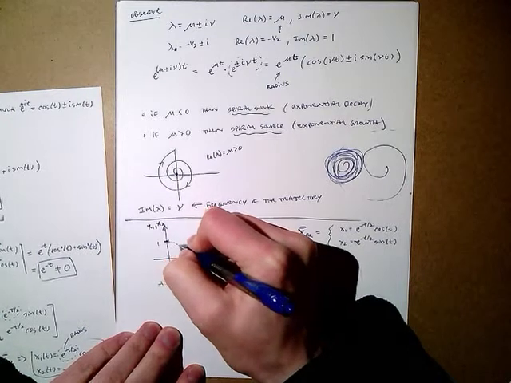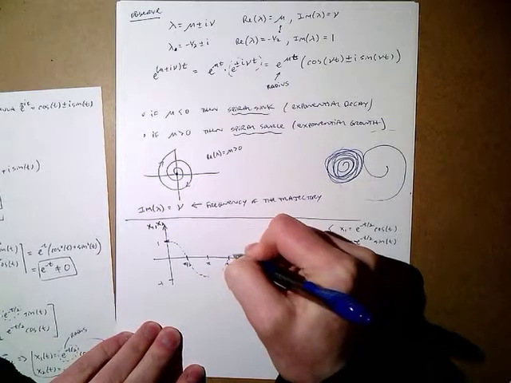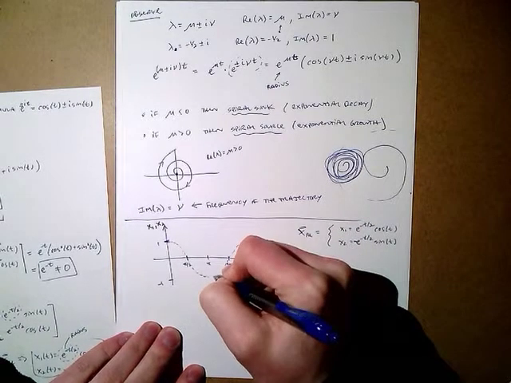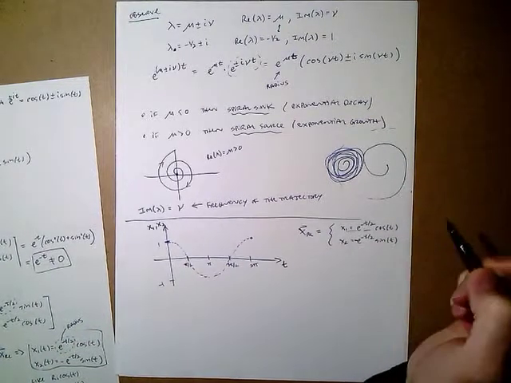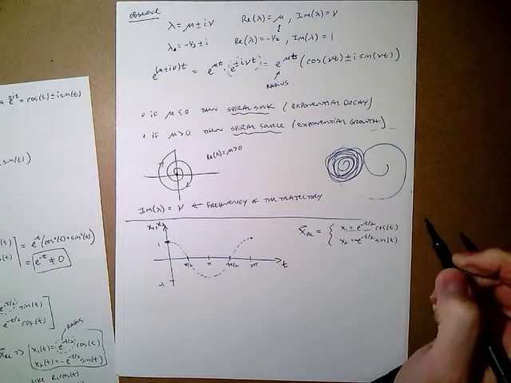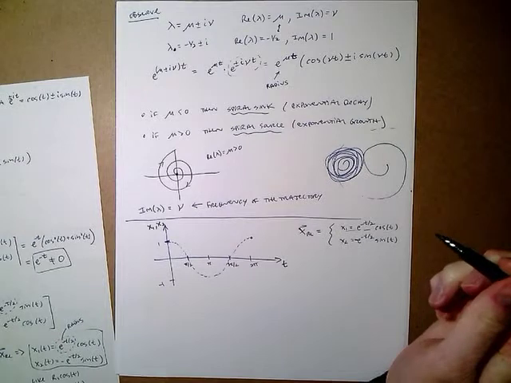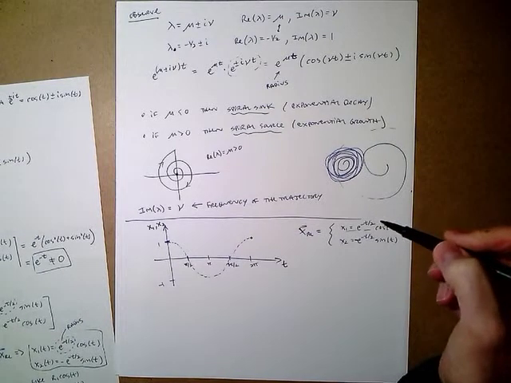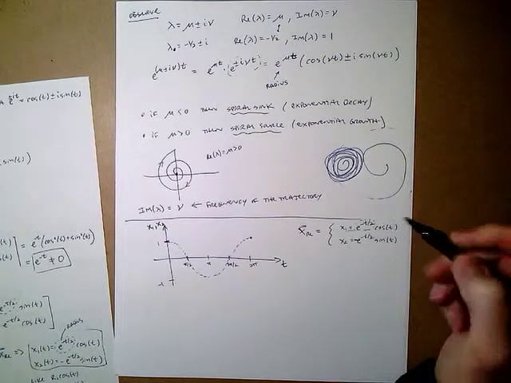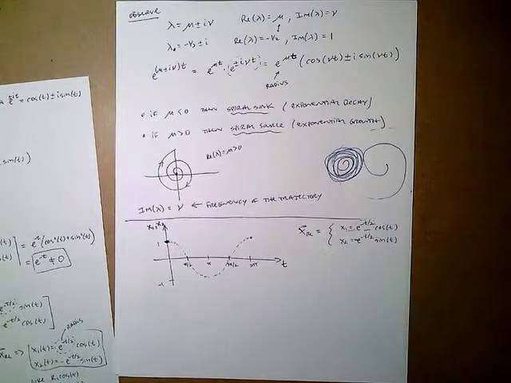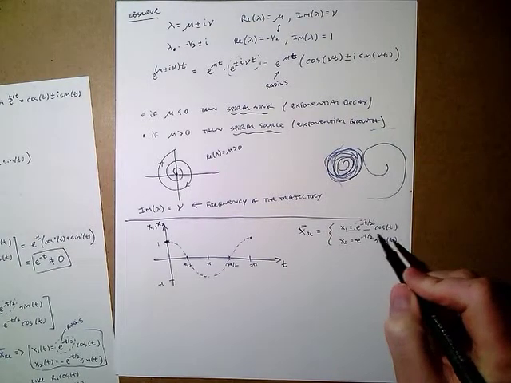So I'm just going to ghost the cosine function on here. And let's look at the x1 component and let's graph that out. So this function is essentially a cosine function, I claim. Okay, but what's happening to this cosine function is the amplitude is changing. So at t equals 0, the amplitude starts out at 1, but as t goes on, the amplitude decreases.